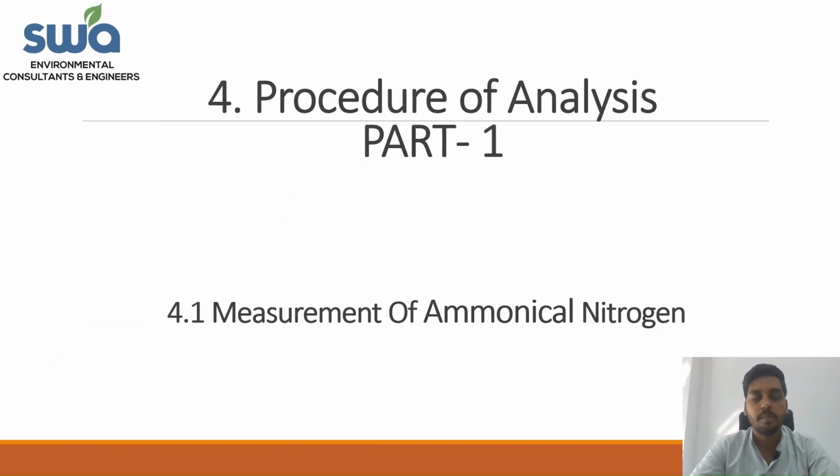Now let's see the step-by-step procedure for measuring the ammonical nitrogen. As we discussed in the content slide, we are going to see these procedures in two parts. In the first part, we will understand the procedure of analysis for ammonical nitrogen, and in the second part, the procedure of analysis of organic nitrogen. So let's start with part 1, measurement of ammonical nitrogen.